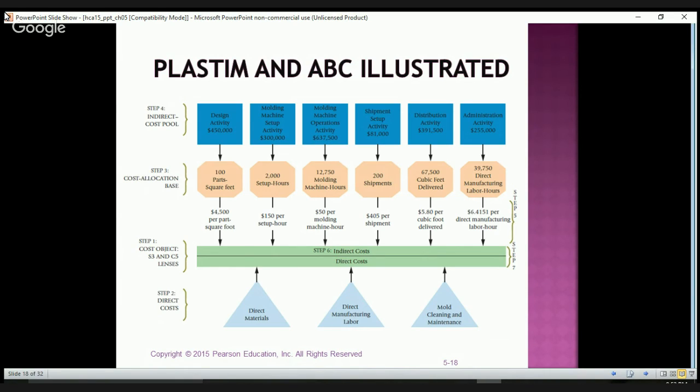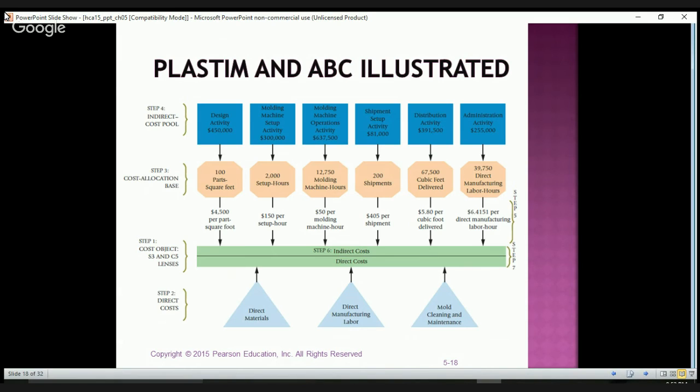Then on the shipment, I have 200 shipments, so I'm going to take that and divide it into 81,000. I get $405 per shipment. Distribution activities, I have 67,500 cubic feet delivered, and so I'm going to take that number and divide it into 391,500, and I get $5.80 per cubic foot delivered.